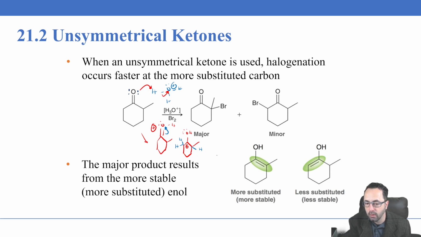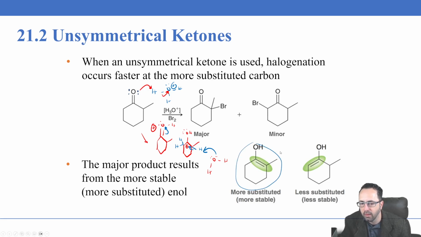Now, as we've seen before, in most cases we're going to get the formation of the more substituted product, or what we called the Zaitsev product at one time. And so the deprotonation will happen here instead, and we'll end up with a double bond that's going to be right there, the more substituted, which is more stable, rather than the less substituted.